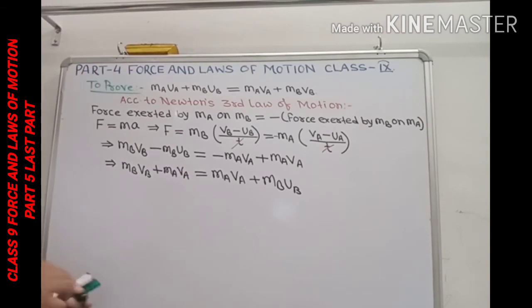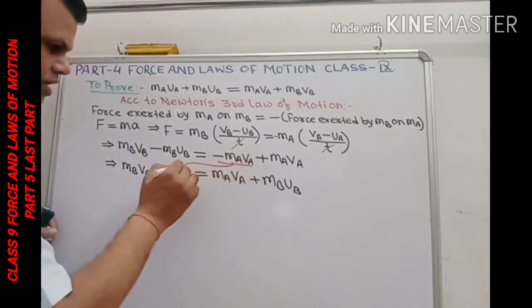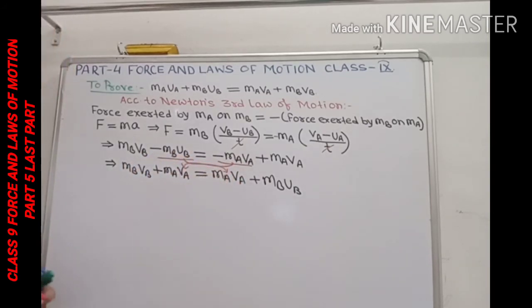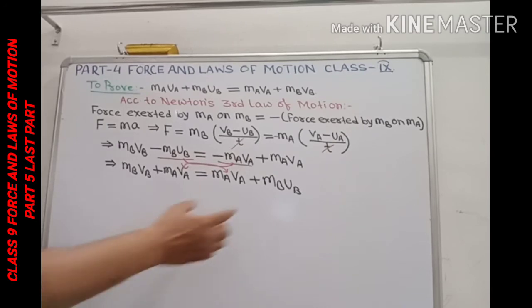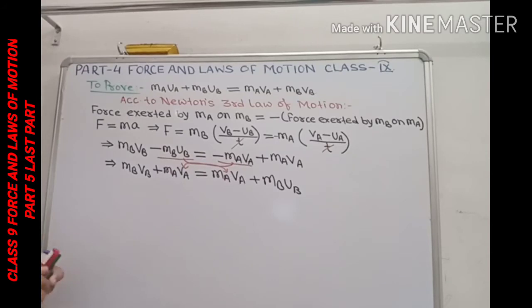So we have taken this negative here and this negative to this position. Now if the total comes here and this total comes there, there will be no change in the sign.